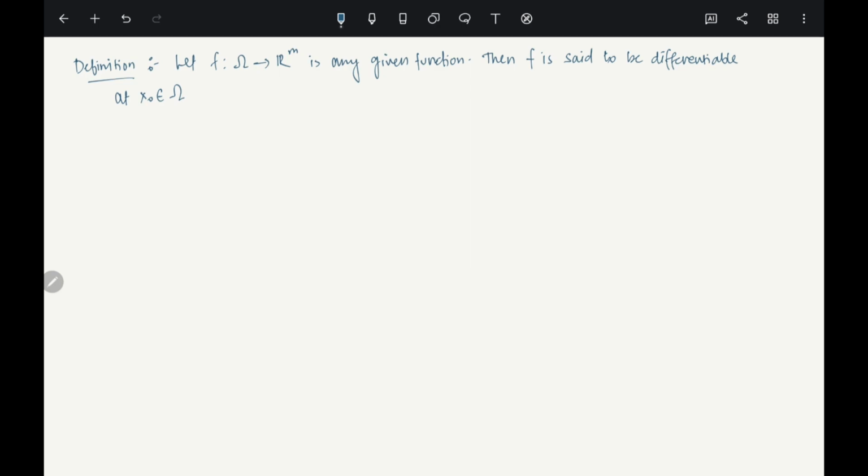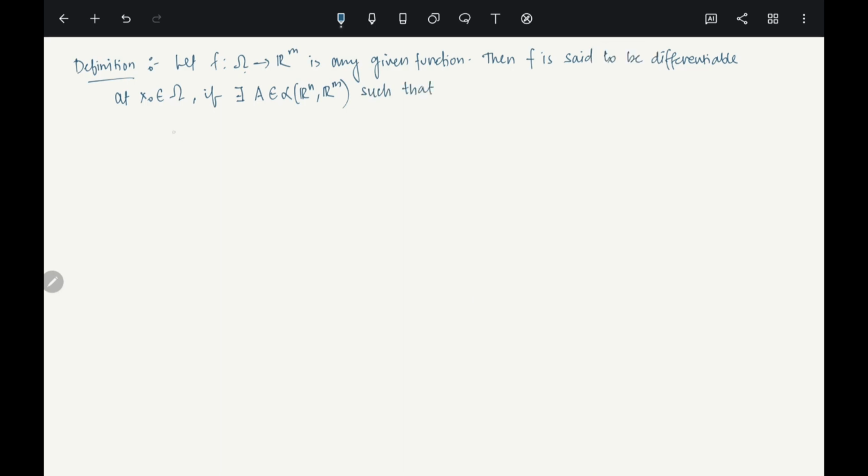So we are assuming that x0 is in omega, and f is differentiable at x0 if there exists a linear transformation from Rn to Rm. We talked about linear transformations in earlier lectures. Omega is a subset of Rn, so the linear transformation will be from Rn to Rm, not necessarily from omega, such that the following holds.